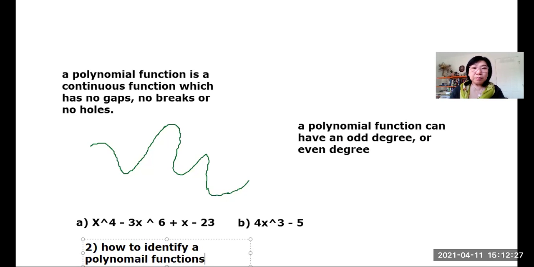So I'm going to key in a bunch of functions for you to check for me, are they polynomial functions or not. So let me clear the drawing. Okay, so let me get back here.